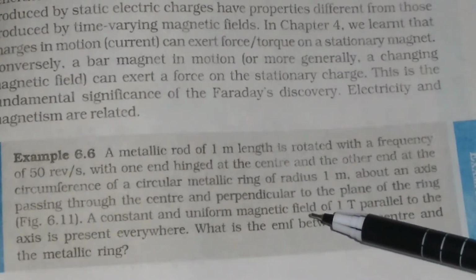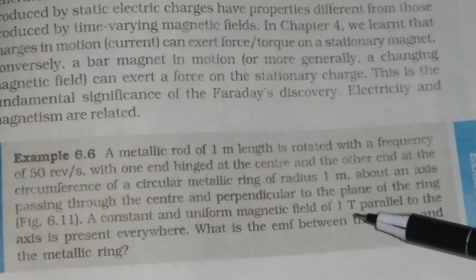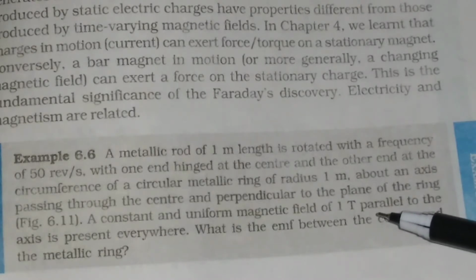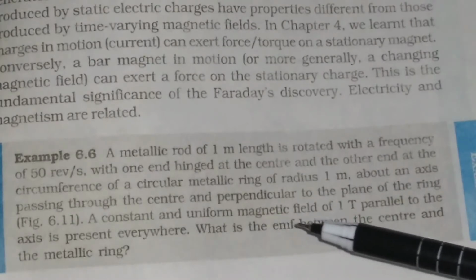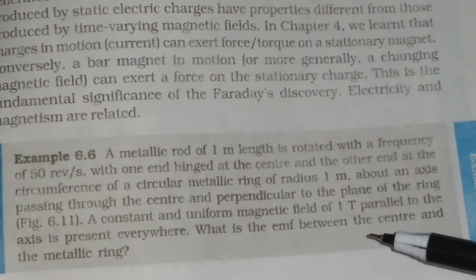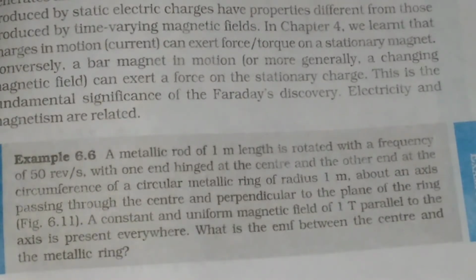A constant and uniform magnetic field of 1 Tesla parallel to the axis is present everywhere. What is the EMF between the center and the metallic ring?